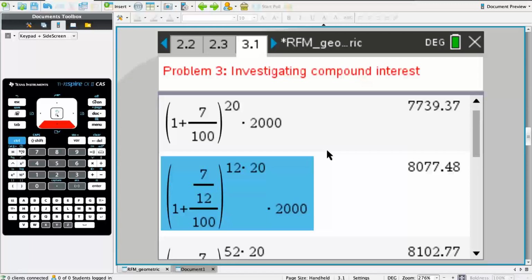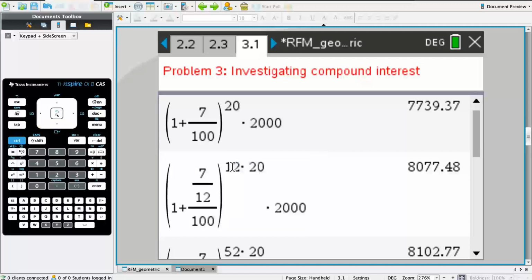And then, of course, you need to work out how many months in total you're talking about over 20 years. And so that's what this part is here. So rather than actually calculate it, just leave it as the product of 12 months a year times 20 years. And so you can see that if you had $2,000, you are really going to make a little bit more money if the compounding is monthly rather than annual.